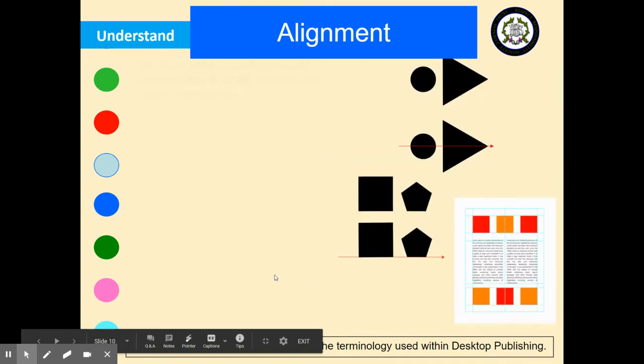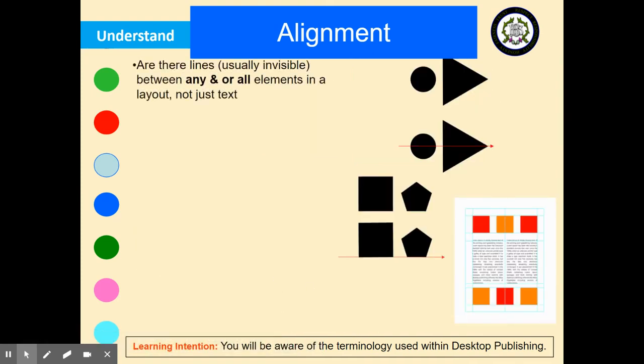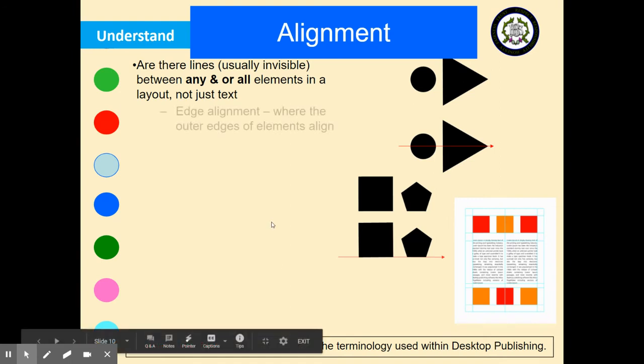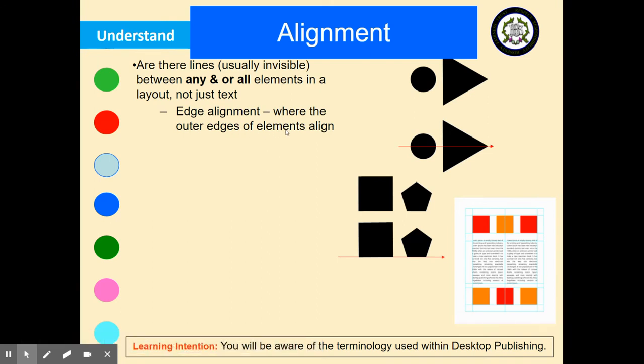Are there lines, usually invisible, between any or all elements in a layout, not just text? There always is. You have edge alignment, where the outer edges of elements align, and center alignment, where the center of the elements align.